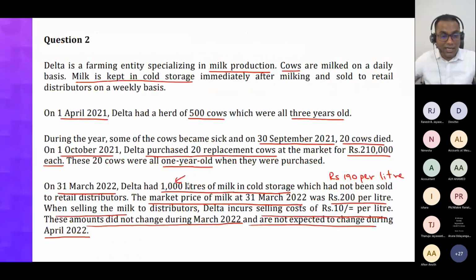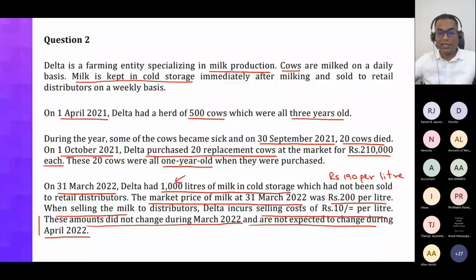So you have been given an indication here. These amounts did not change during March 2022 and are not expected to change during April 2022. That means this fair value remains constant. Now, after you account this milk as inventory, let's say the selling price has come down. If the selling price has come down per liter, your net realizable value can be less than the cost. Then you have to do an inventory write-off.